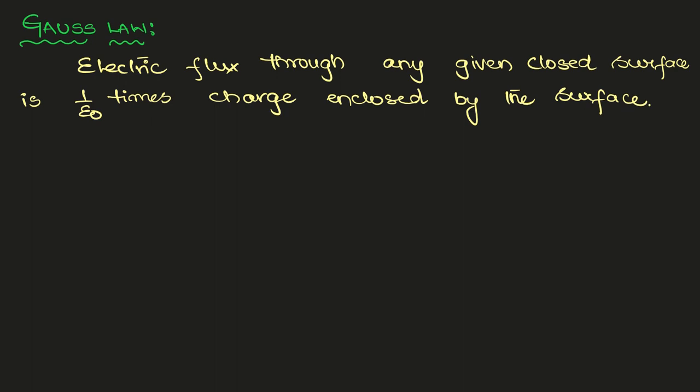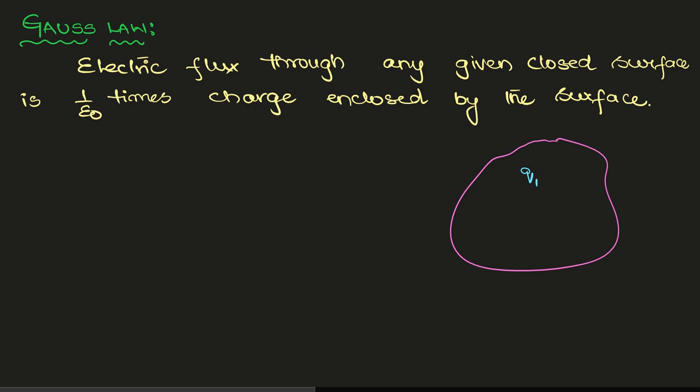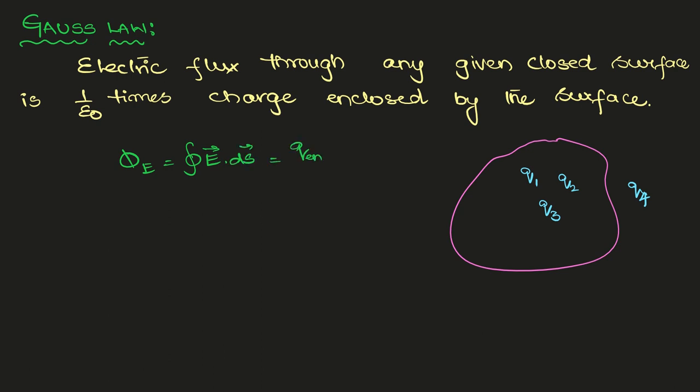And suppose we have any arbitrary closed surface like this, and you have some charges Q1, Q2, Q3 all inside, and one charge outside. Then the electric flux through any closed surface, integration of E bar dot ds bar, will be equal to Q enclosed by epsilon naught.